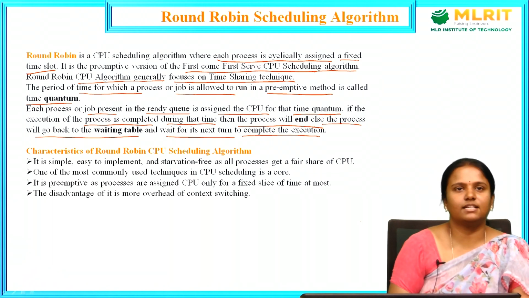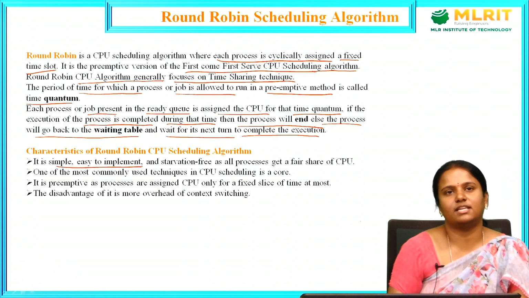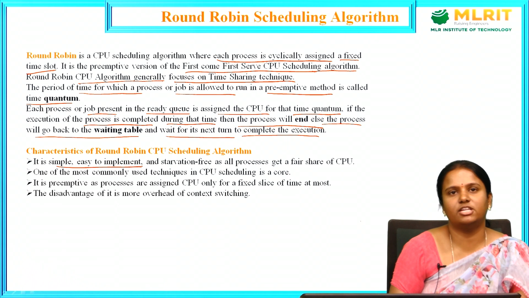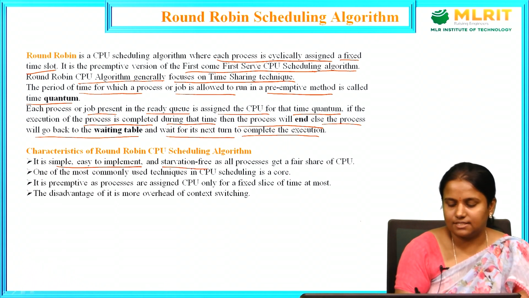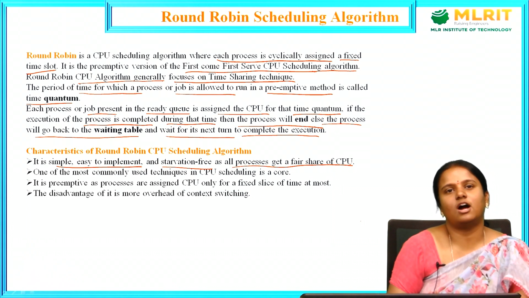So what are the characteristics of the round-robin CPU scheduling algorithm? It is very simple and easy to implement. It is starvation free, and all processes get a fair share of the CPU.